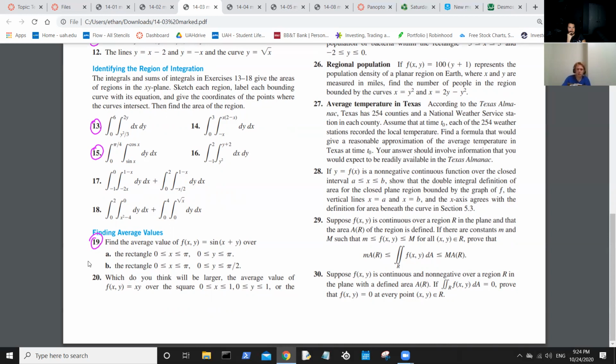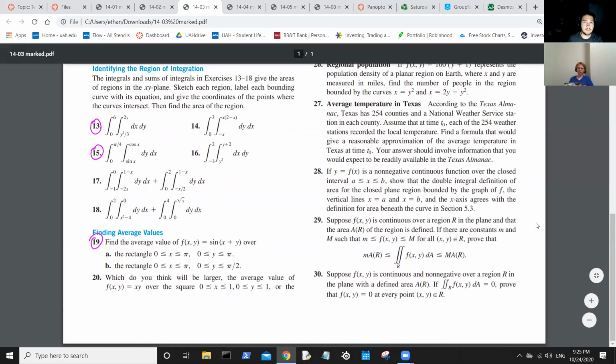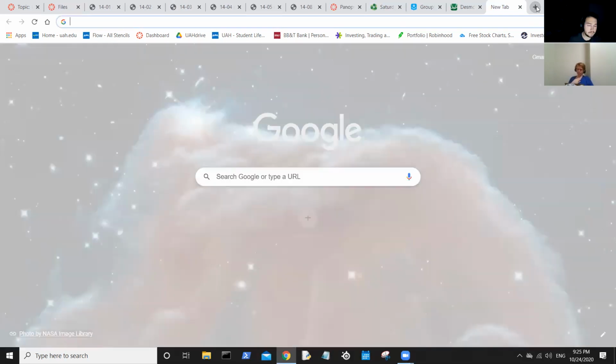That's the only way I see that sine function plugging in if it already gives us bounds. Unless there's a formula for it. The average value of f over R equals 1 over the area of R, double integral over R of f dA.